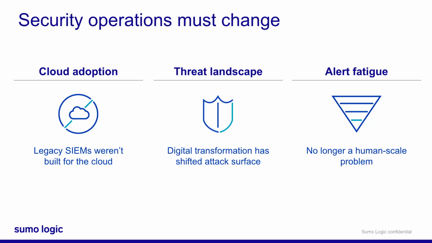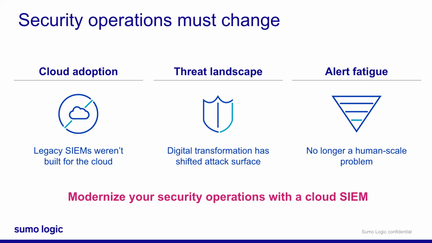There is an ongoing cybersecurity skills shortage, which means that you cannot overcome this problem by hiring more analysts, because there are simply too many alerts to look after them all. So all this means that we need to modernize our security operations with a new approach, with a new cloud SIM-based solution.